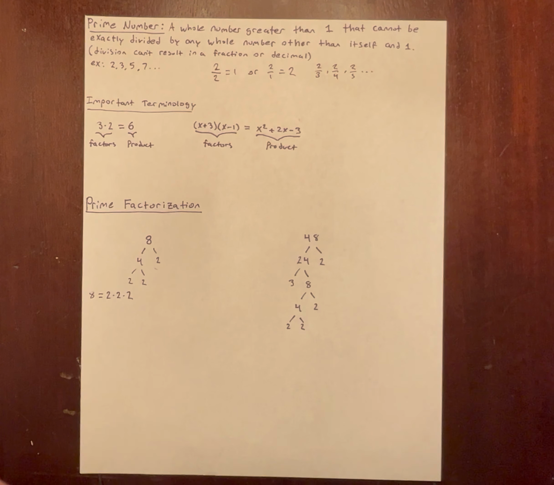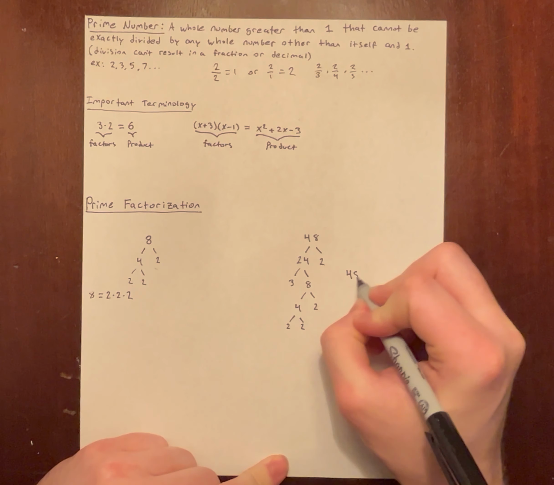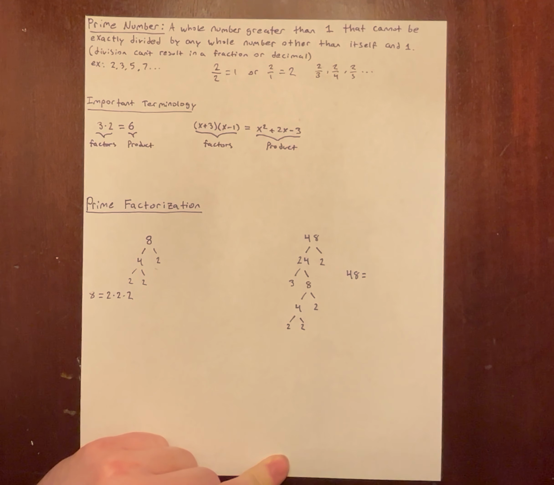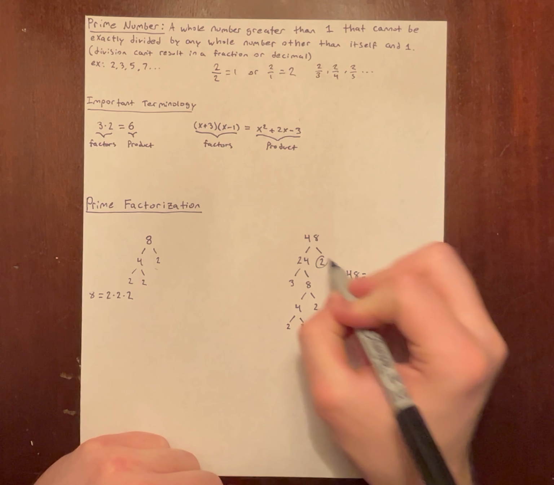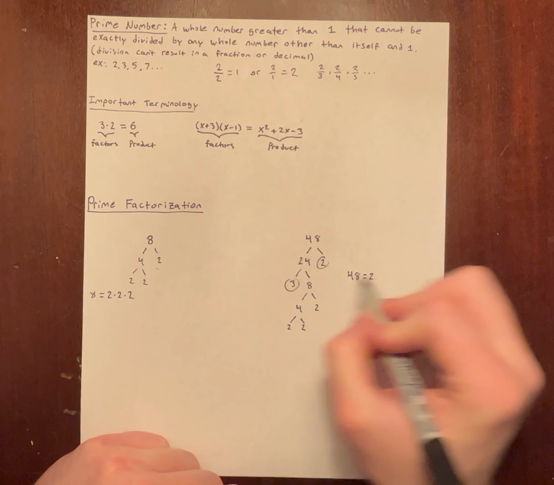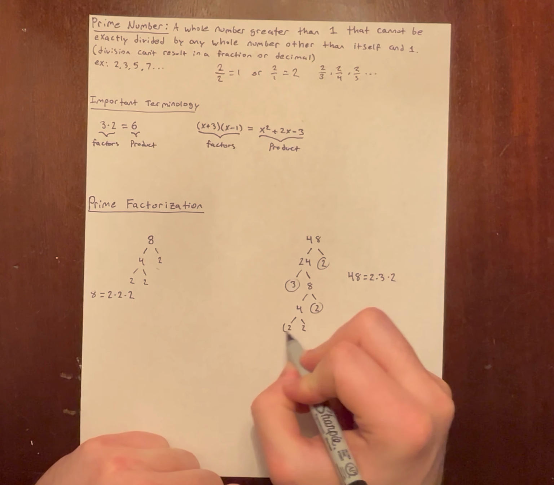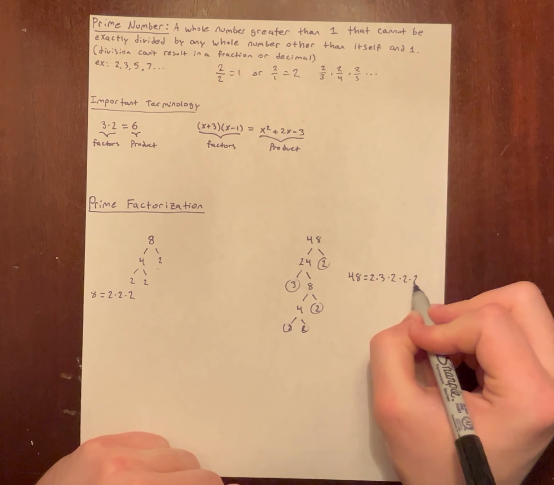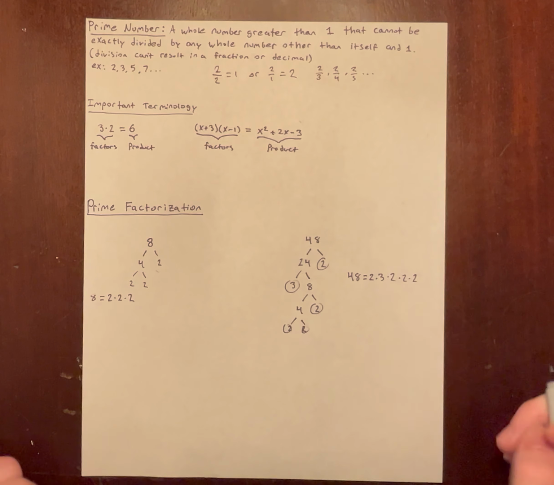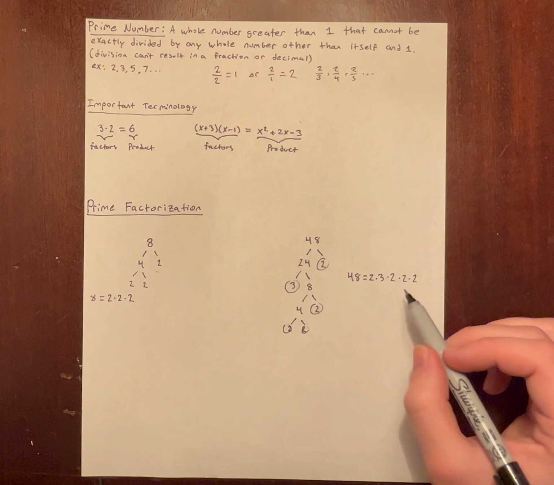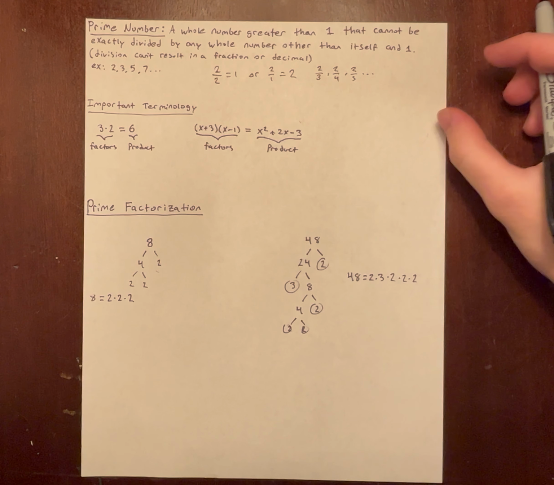So now, we have this long branch, and we can use this to say 48 is the multiplication, or the product, of all of the ends of the branches. So we have a 2 right here, we have a 3 right here, 2 right here, and then 2 more 2s. And so the prime factorization of 48 is going to be 2 times 3 times 2 times 2 times 2. And you can organize that a little bit neater, but that's the prime factorization.